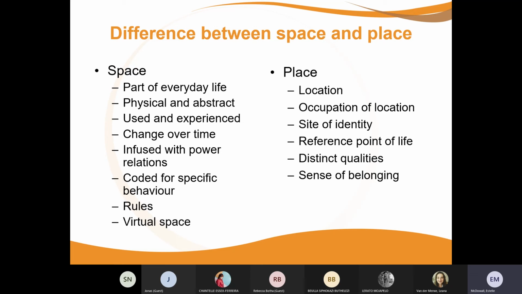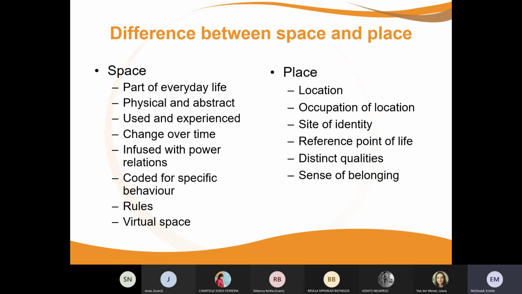It is both a physical space, you can touch it, you can go into it, it's material, but it's also abstract, because when you speak of home, there's much more to it than the physical place that is there. So you attach your own meanings to that space through its use and the way it is experienced.